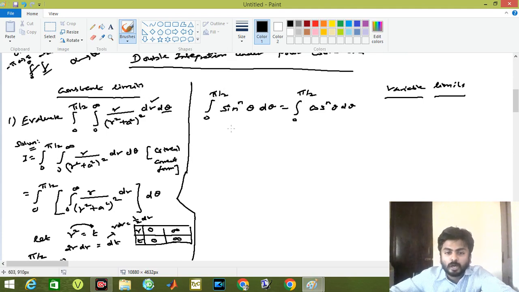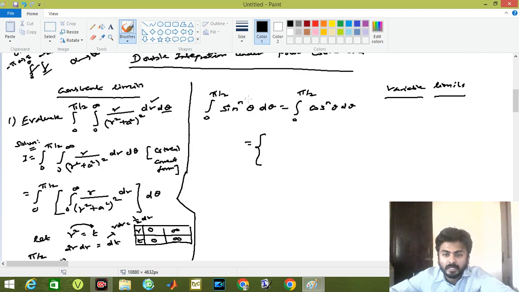There is a formula already when one of these two things is given. So the formula is common: the integral from 0 to pi by 2 of sine power n theta d theta and of cos power n theta d theta will have the same formula.